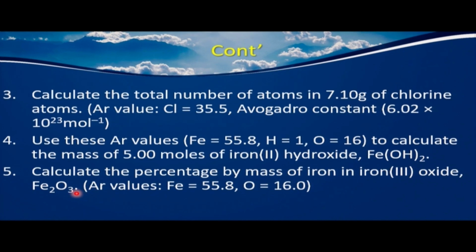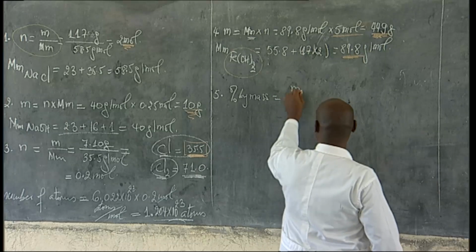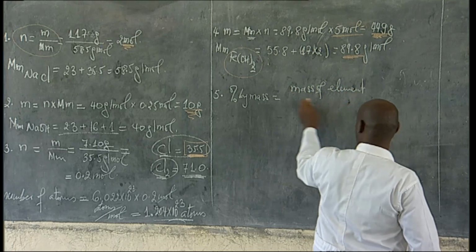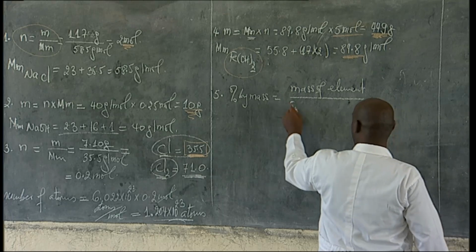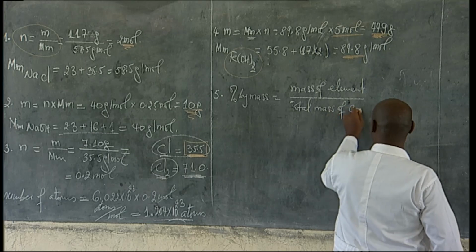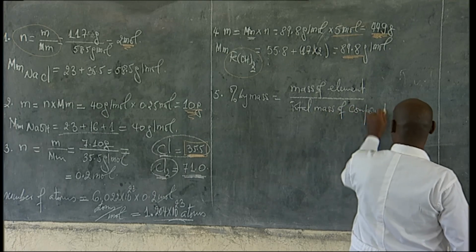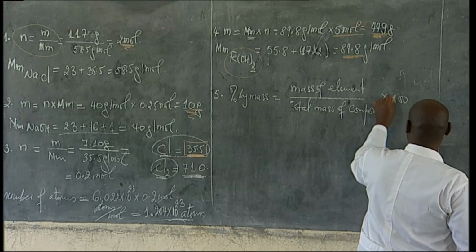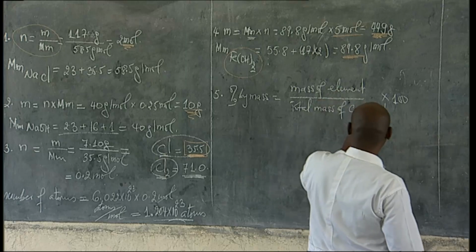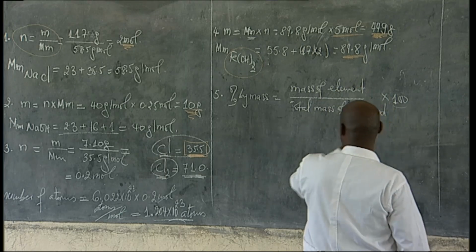So, first of all, remember we said the percentage by mass is given by the mass of element over total mass of compound, times 100, because the percentage means the mass of this element in 100 grams of the compound.